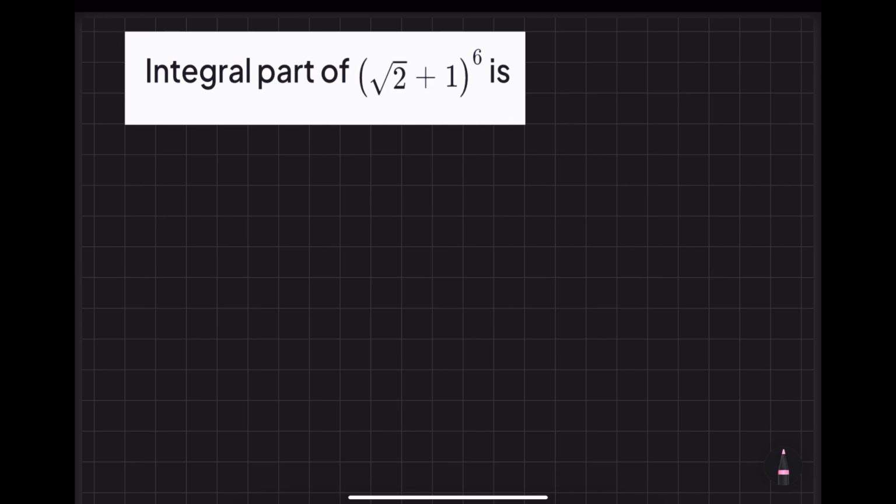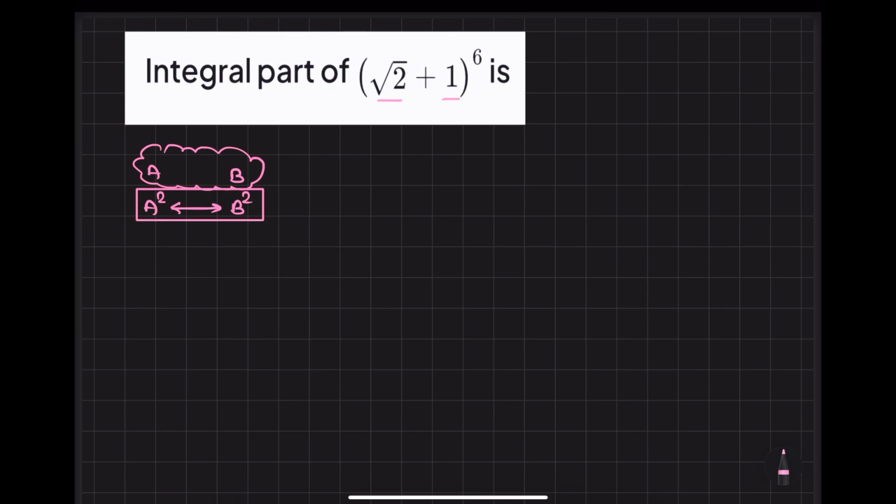Now you know that, suppose I am comparing a and b. If I have a square and b square, the gap between a square and b square will be much greater than the gap between a and b. Correct? Now look at this. This is 2, this is 1.